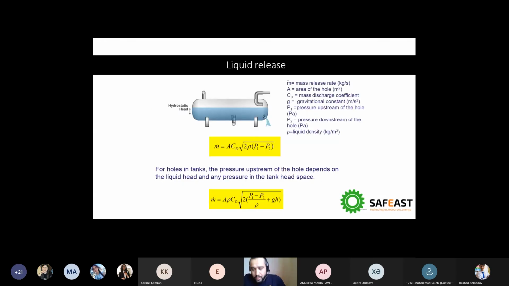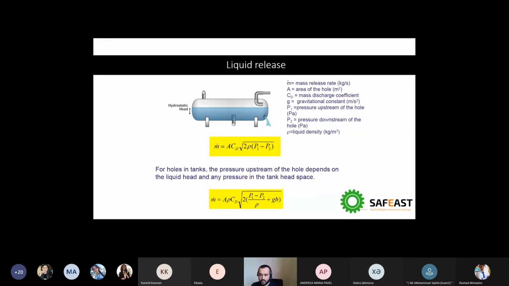When we do a liquid release by hand calculation, you can do a basic orifice calculation. At the end of the day, as an output of the source term modeling and an input to the consequence modeling, you are really interested in the mass release rate, usually in kilograms per second.